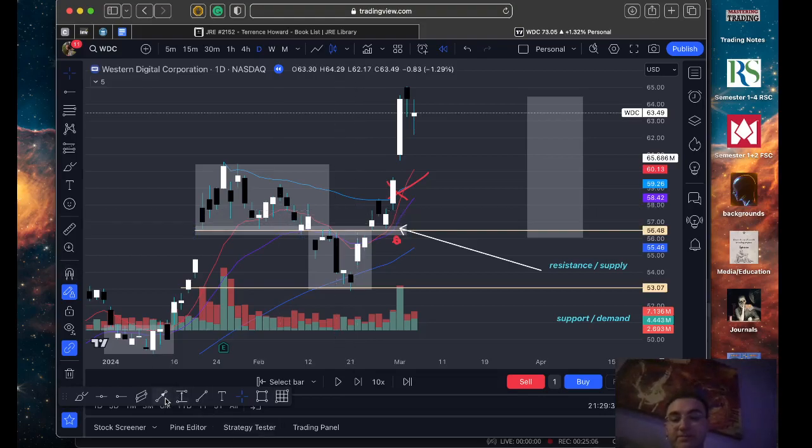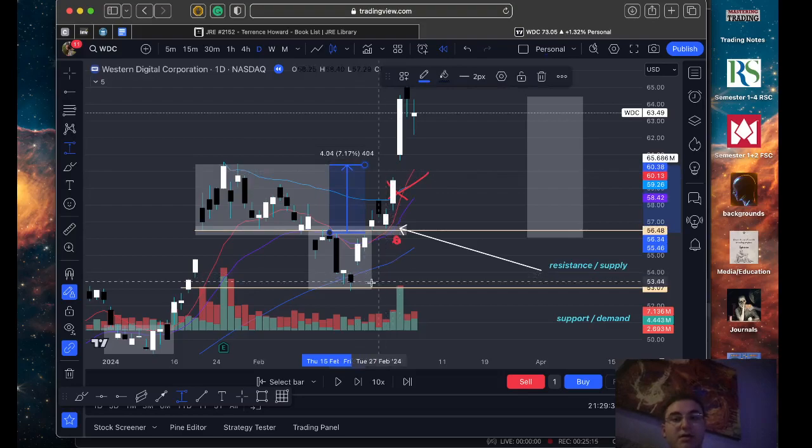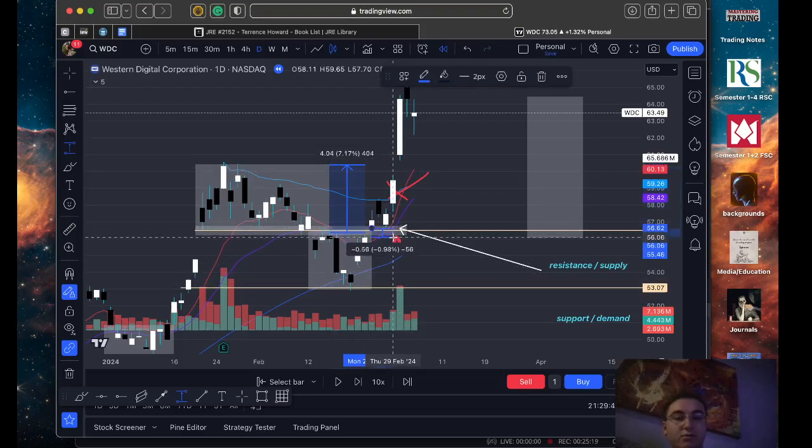And furthermore, that would also calculate your risk to reward. So for this setup, we had a 7% gain for a 1% loss.